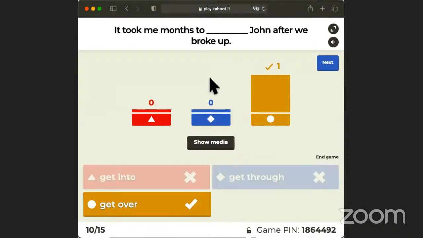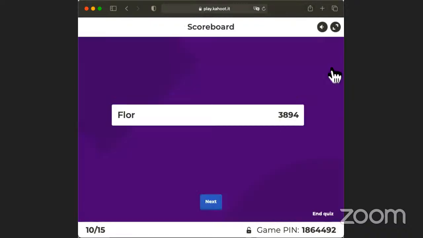Let's read the answer, please. It took me months to get over John after we broke up. Great. To get over, we know the meaning: after a breakup, to continue with your life, basically.